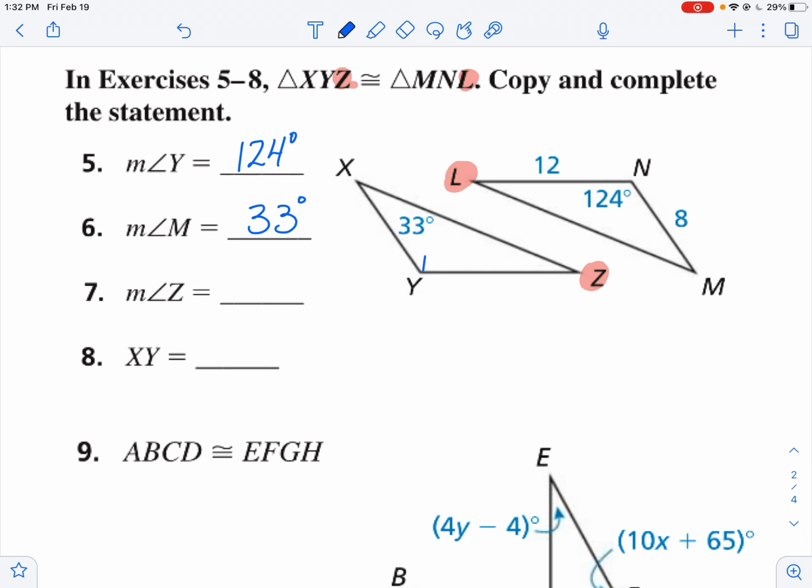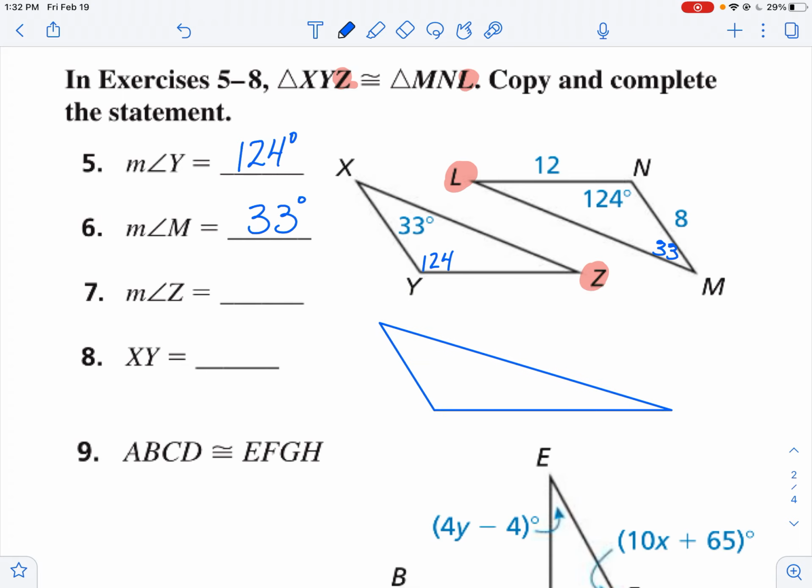Well, we knew Y was 124. I knew M was 33. But I'm missing my third angle. So how do I find the third angle in a triangle? Well, how did we do that before? That's a triangle.